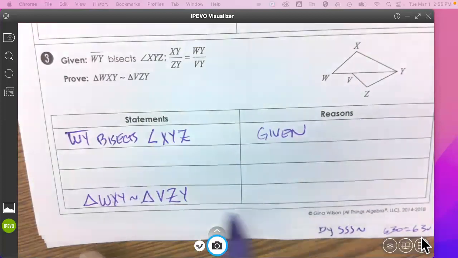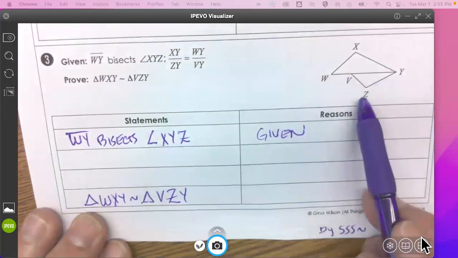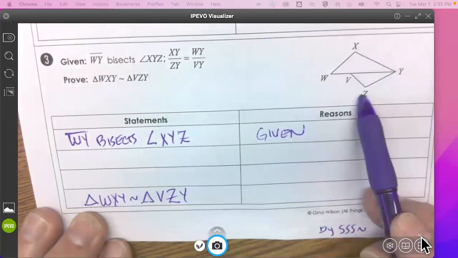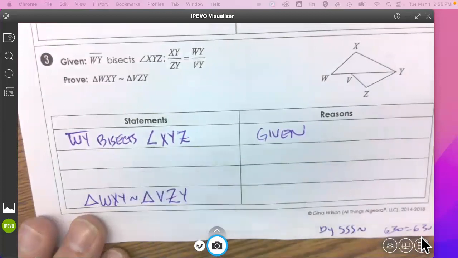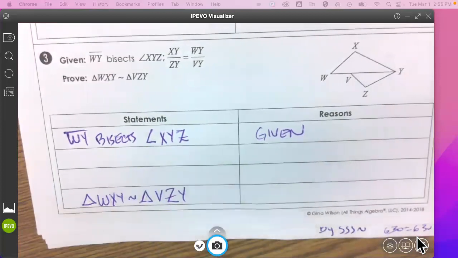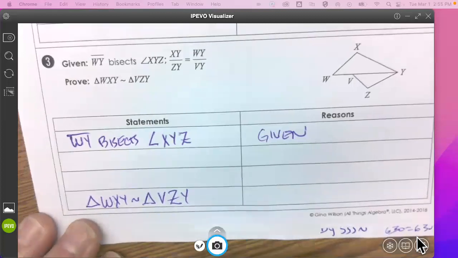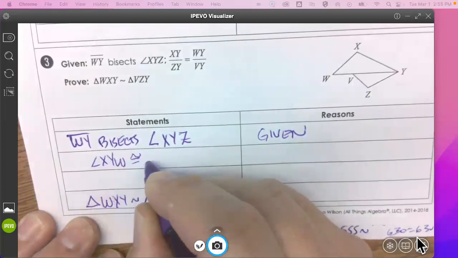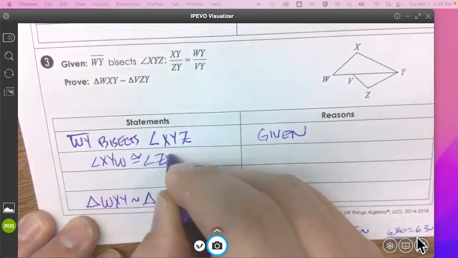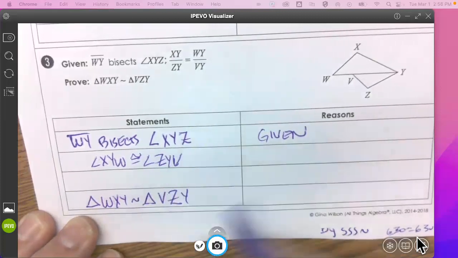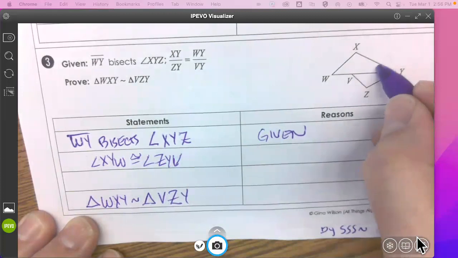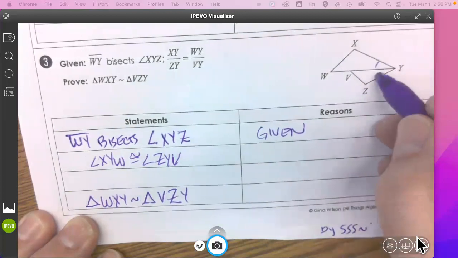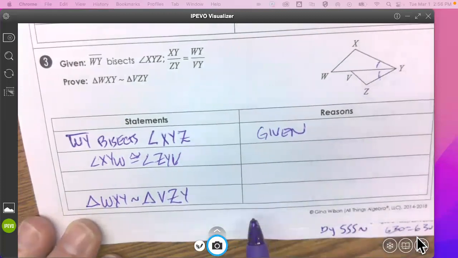All right, so what else do we know? We know that WY bisects XYZ. So what does that mean? Very good. Then angle XYW, this one over here, and angle ZYV, this one over here, are congruent.